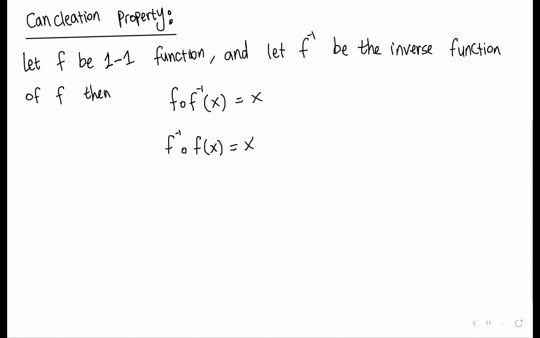If this one and this one, number 2, are satisfied, this means the function f and f inverse are inverse to each other. I'm going to use different variables. Let me use g instead of f inverse. Let f be a 1-to-1 function, and let g be the inverse function of f. Then f circle g of x and g circle f of x equal x.